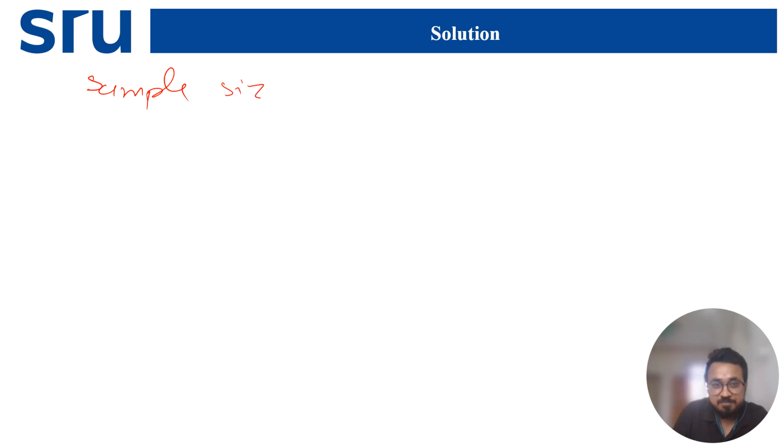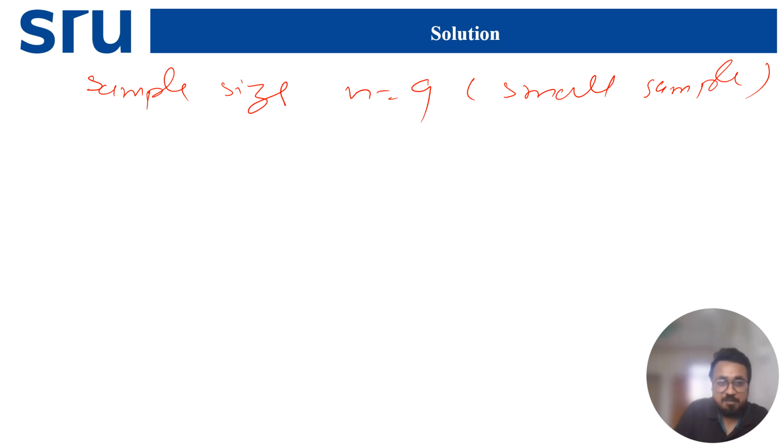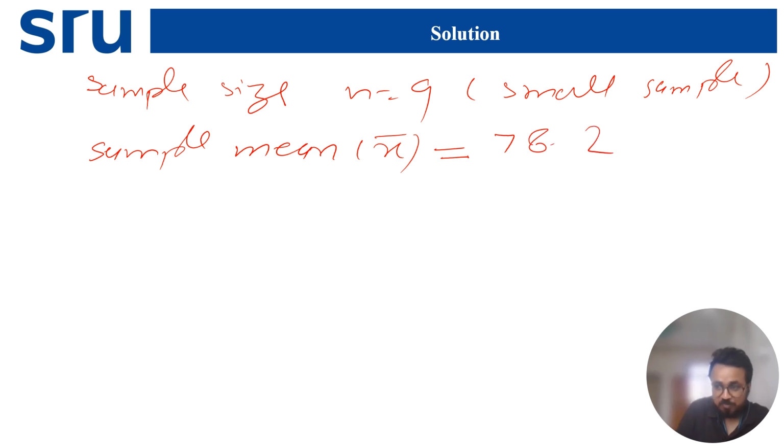Sample size n equal to 9, right? So this is a small sample. Now sample mean is also given here, that is x bar, equal to 78.2.